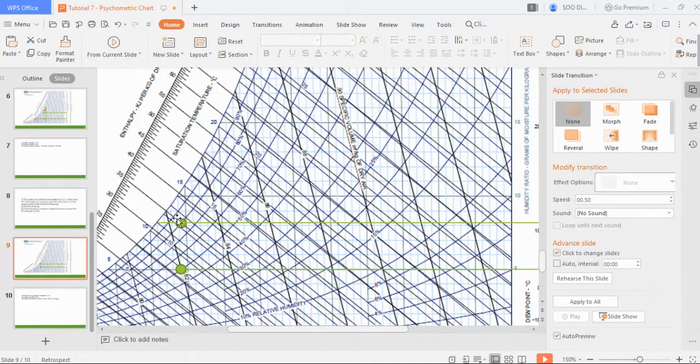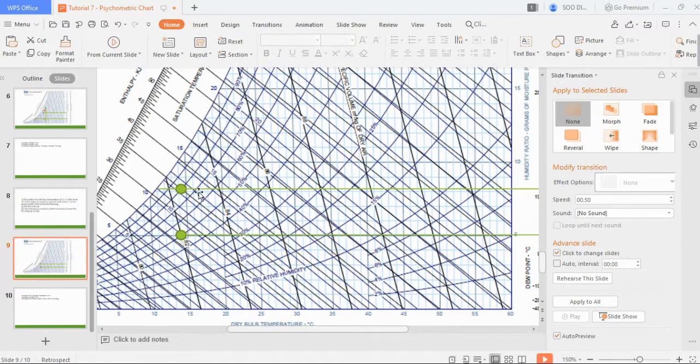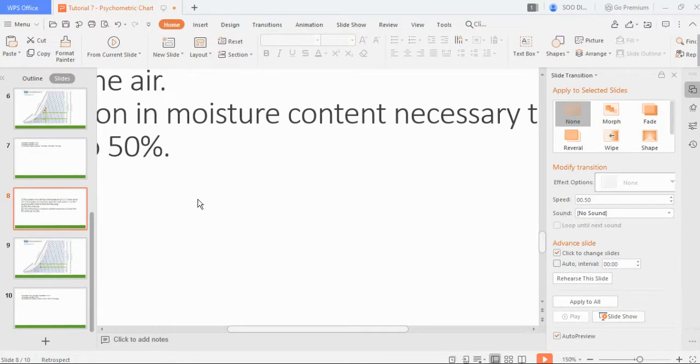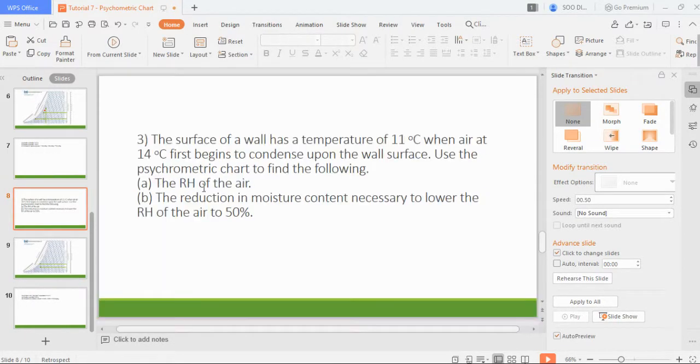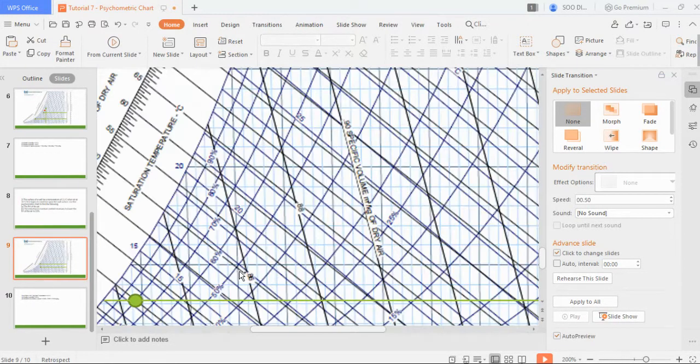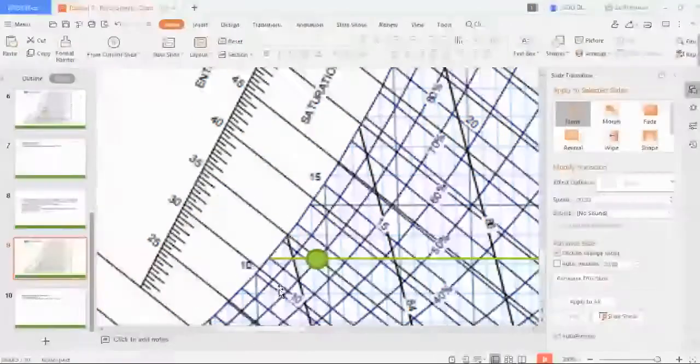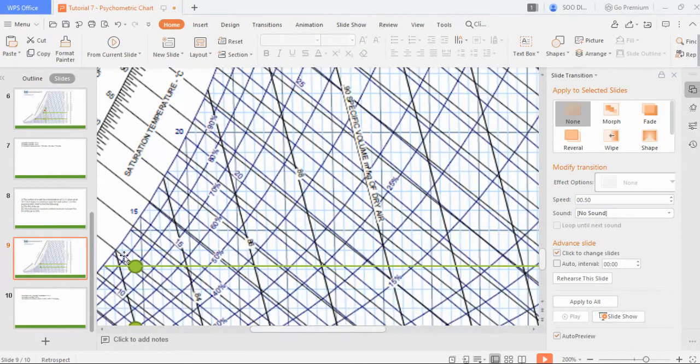For the wet bulb, you have to draw a line, so you don't refer to this slanted line anymore. You draw a line, and you get a point for your air. It's asking you to find the RH of the air. By finding your first point here, you'll find that the RH for this air is 80% relative humidity.